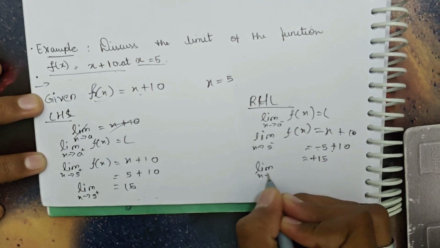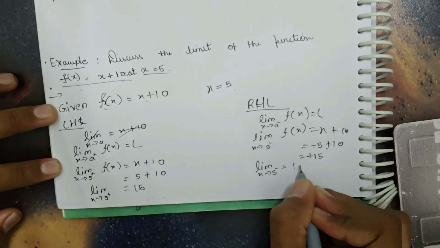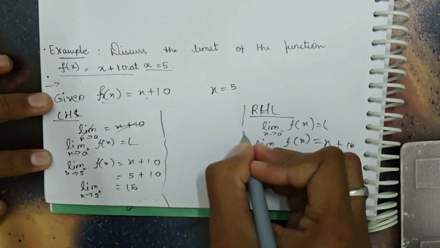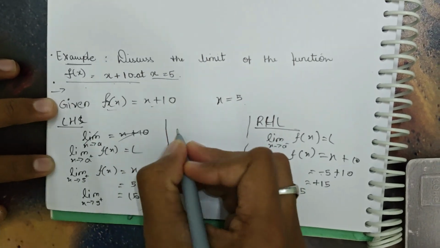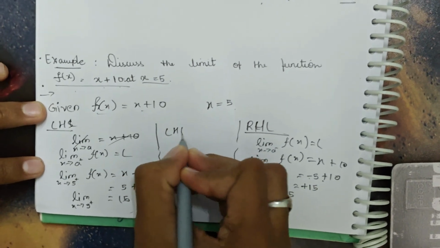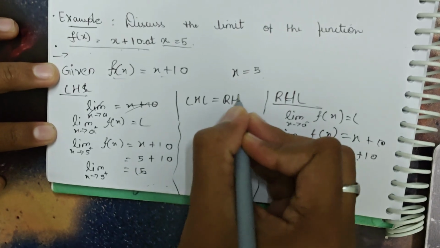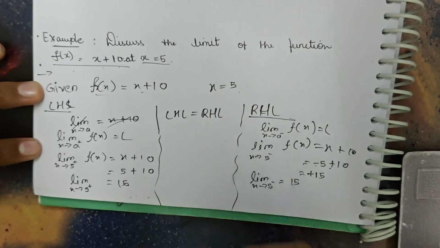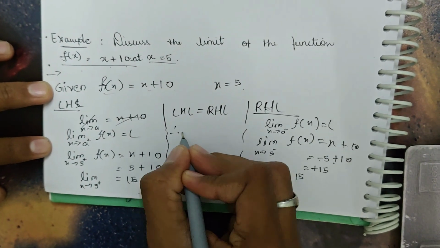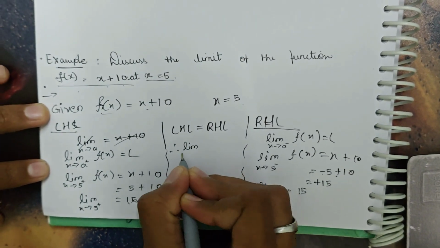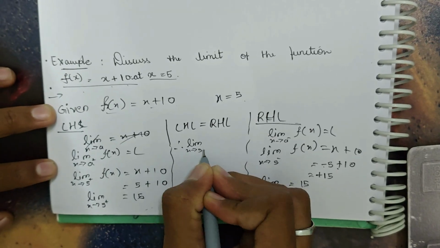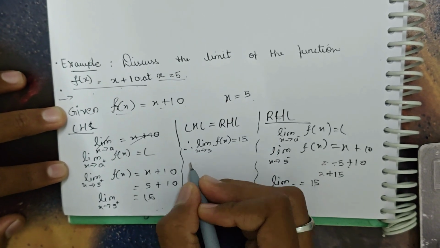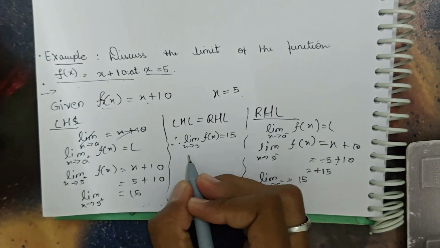So the limit x tends to 5 minus is also 15. So here we get LHL is equal to RHL. Hence the limit as x tends to 5 of f of x is equal to 15. So hence proved.